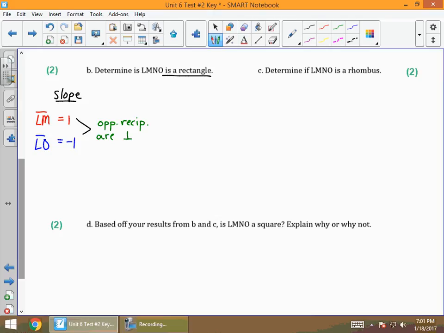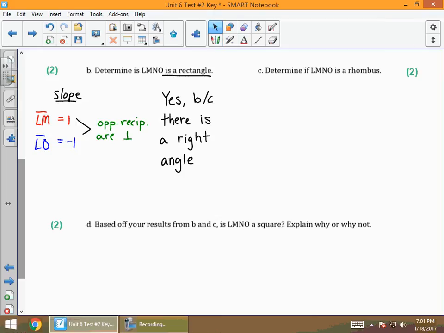The answer is yes, because there is a right angle. And we know that by definition, if something is already a parallelogram and it has a right angle, then it's a rectangle. So yes, this thing is a rectangle.